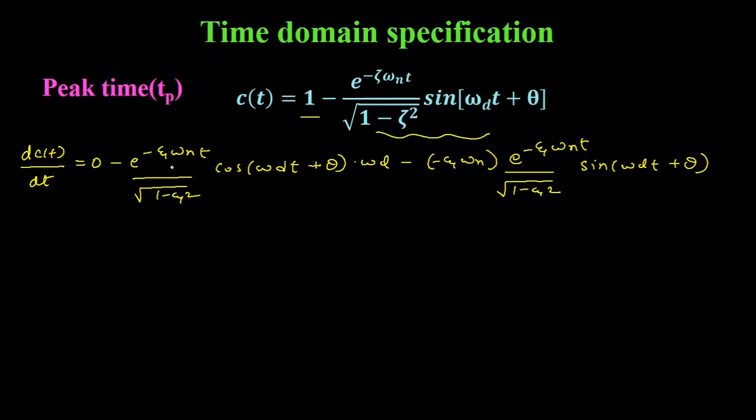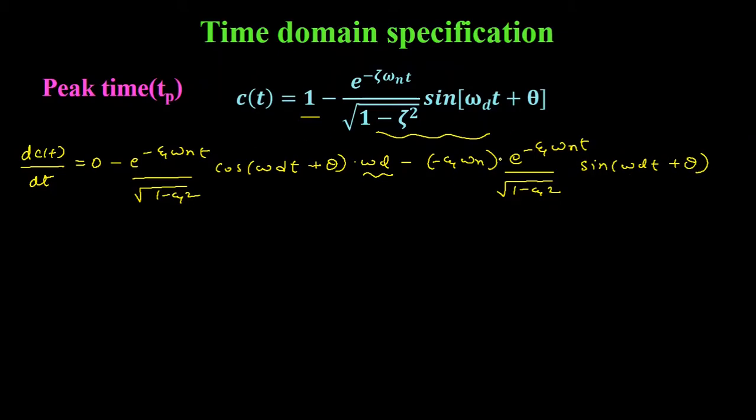We will get minus of e to the power minus zeta omega n t divided by under root 1 minus zeta square cos of omega d t plus theta into omega d. Then minus of zeta omega n into e to the power minus zeta omega n t divided by under root 1 minus zeta square sine of omega d t plus theta.